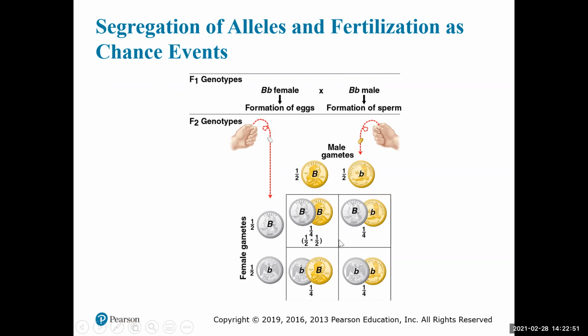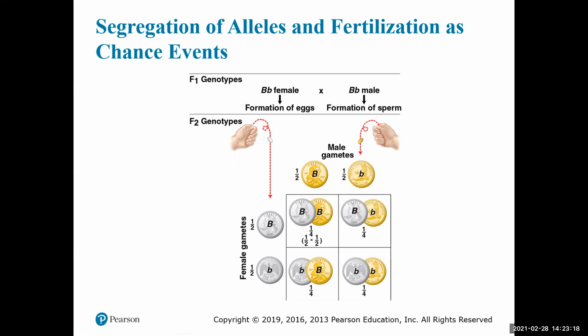And that's the same thing as if you were flipping a coin. The probability of obtaining two heads is 50% times 50%, or 1/2 times 1/2, which is 1/4. And so that chance of segregation and fertilization follows the same idea and the same concept of the rule of multiplication with the probabilities of, say, flipping a coin.